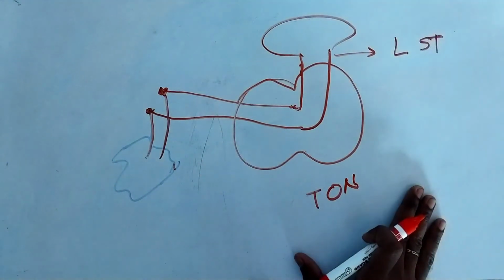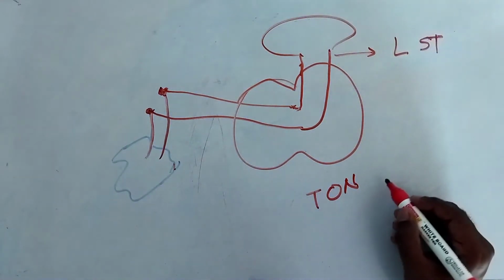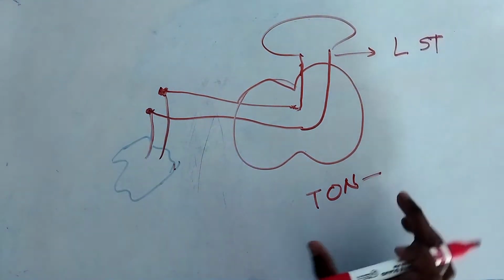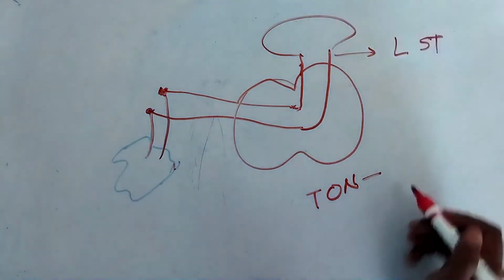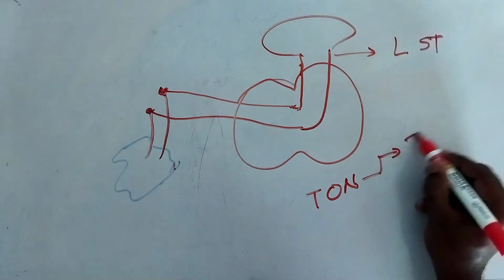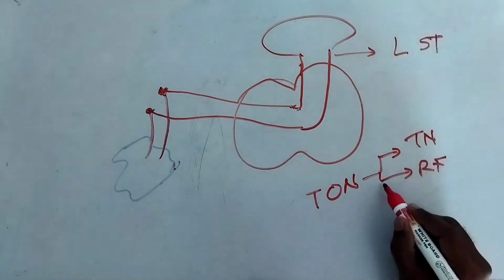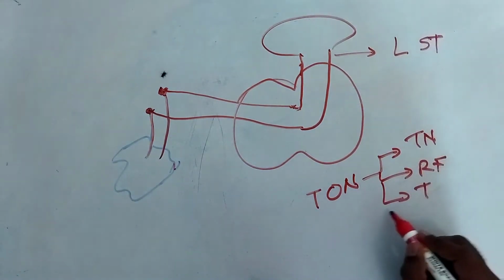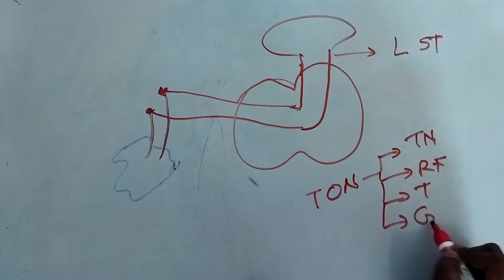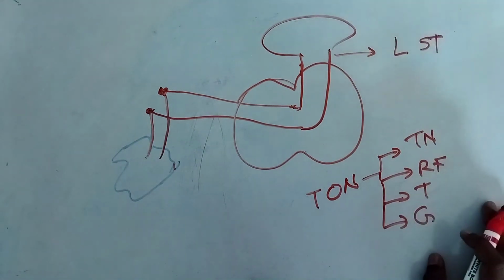The third order neurons of the pain pathway are the neurons of the thalamic nucleus, reticular formation, tectum, and gray matter around the aqueduct of Sylvius.